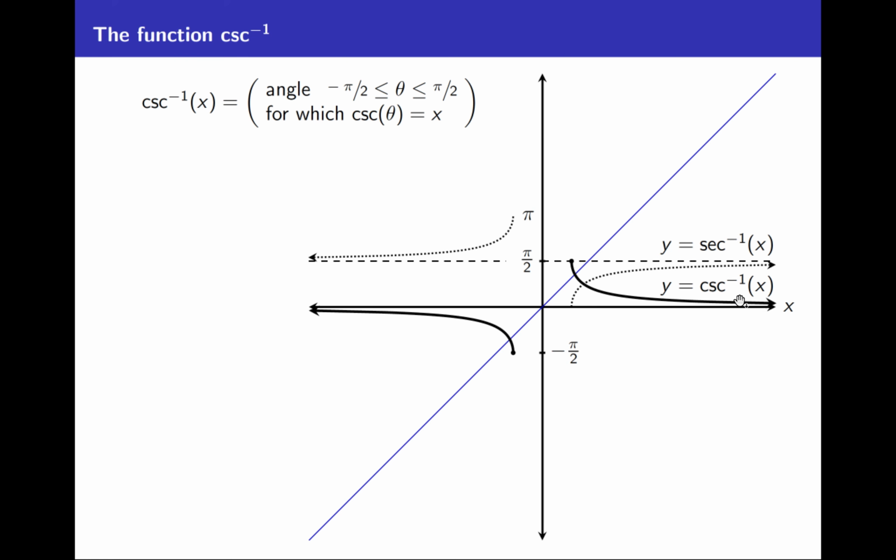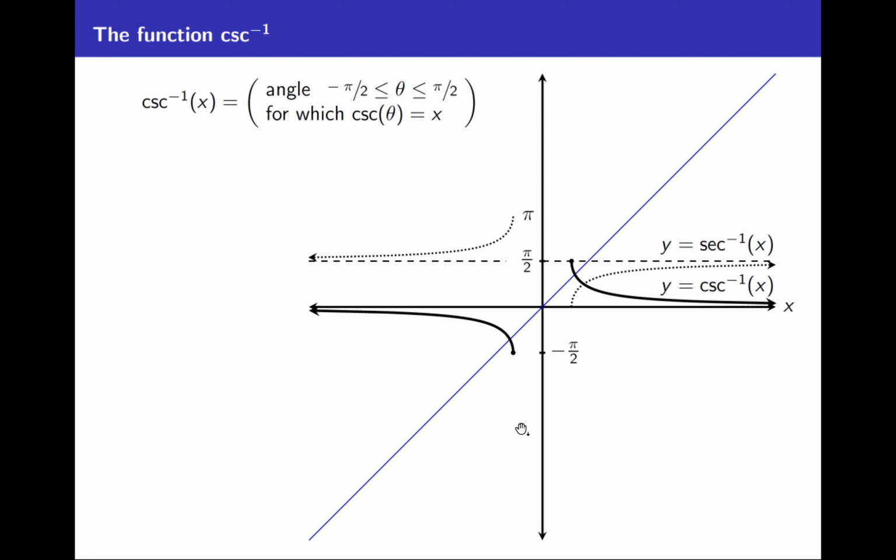In bold, we have the graph of our latest inverse function, cosecant inverse of x. It comes in two parts here and also over here. And we're going to compare that to the graph of secant inverse of x, which is dotted.